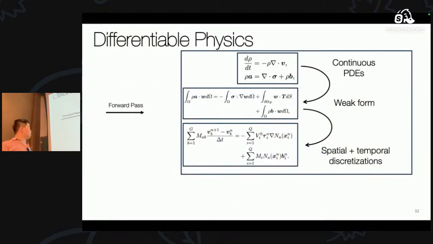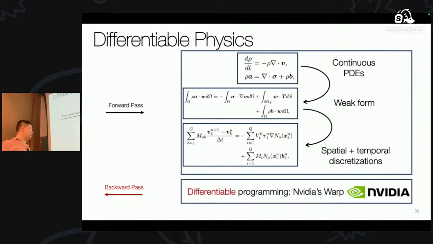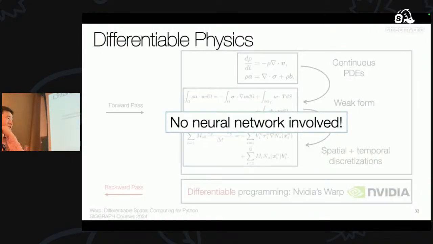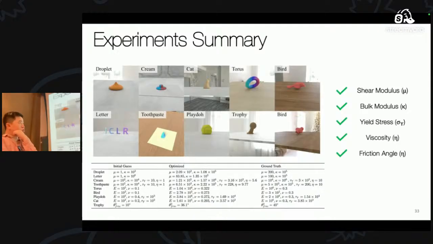That is just your traditional solver, but implemented in a differentiable programming library, NVIDIA Warp, for which we had a SIGGRAPH course in 2024 on how to use these differentiable spatial computing tools like Warp. So it's just differentiable physics, not necessarily a neural network here. With this approach, we can infer the material parameters of various materials.